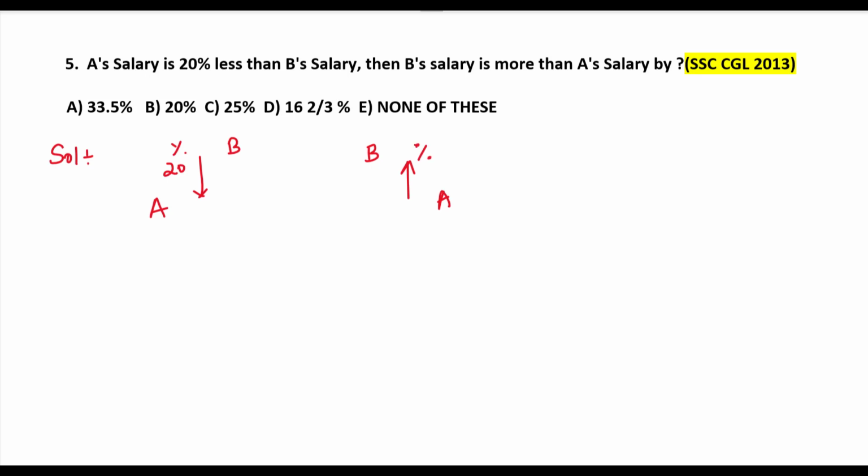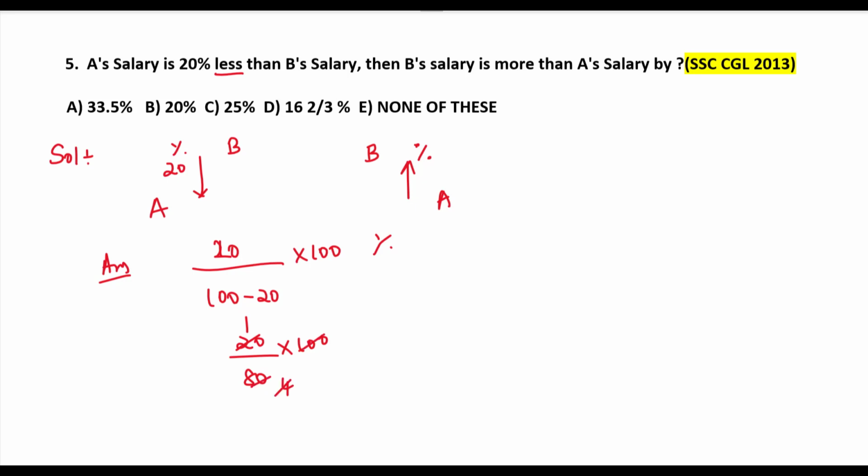So using the formula here, because it is less, we'll use 20 by 100 minus 20 into 100. This is our required percentage. Hence 20 by 80 into 100. 1s are 20, 4s are 80, 4s are 100, 25s are 100. Therefore our answer is 25%. Option C.